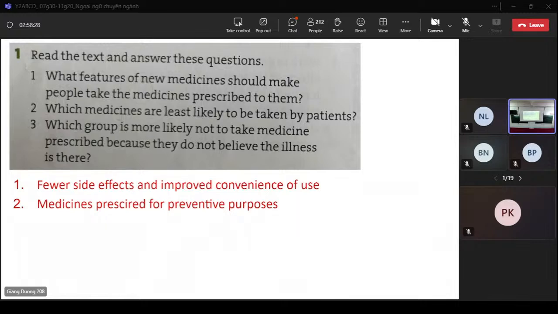They do not believe the illness there. In the point, we have không tin là có bệnh. Thì trong các cái dấu chấm này thì dấu chấm nào là không tin là có bệnh, không nghĩ là có bệnh? Point number 4, denial of illness. So is he young? Thấy chưa? Dấu chấm số 4.